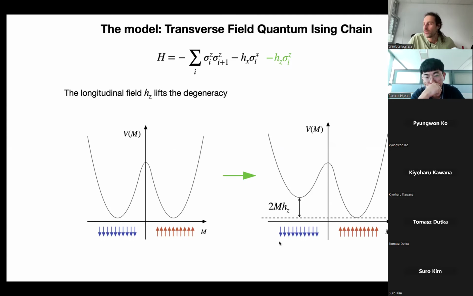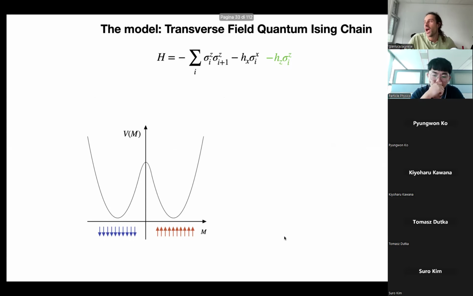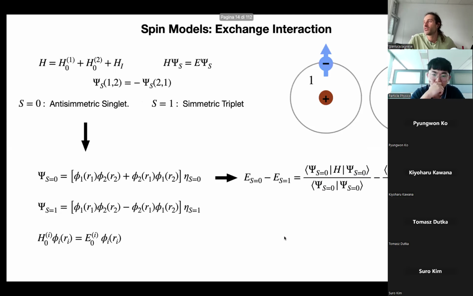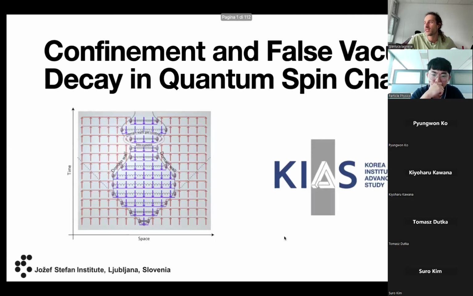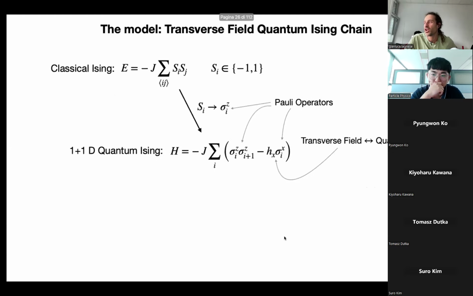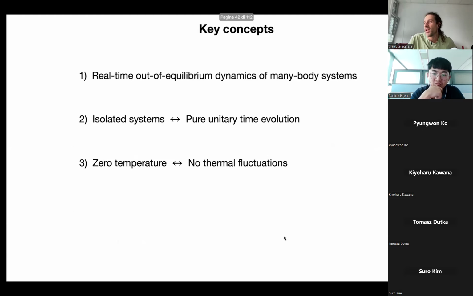This unfavored configuration is what we call false vacuum. Now we try to prepare the state close enough to this energetically unfavored configuration, and we try to see what happens under unitary dynamics. Sorry, I went in the opposite direction. This is what we understand as false vacuum decay in this setup.